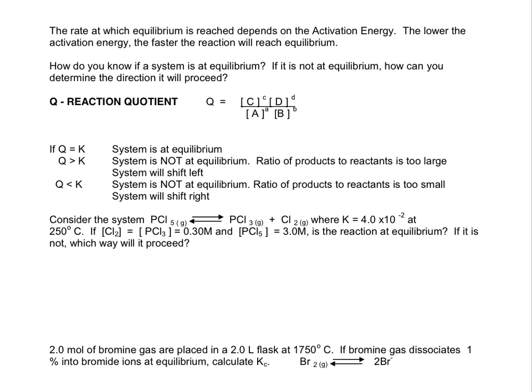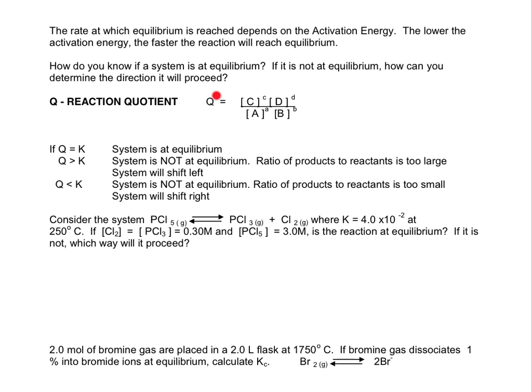The reaction quotient is just like K, the equilibrium constant, except we don't know if we are at equilibrium or not. K is only used for equilibrium, Q is used for anywhere in your reaction.